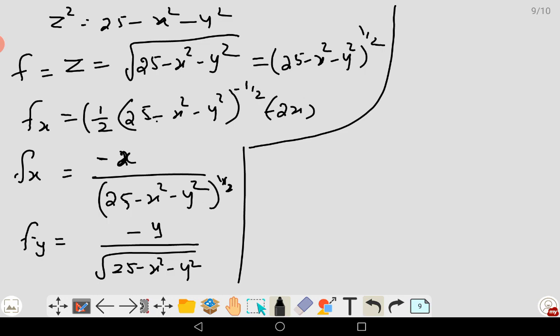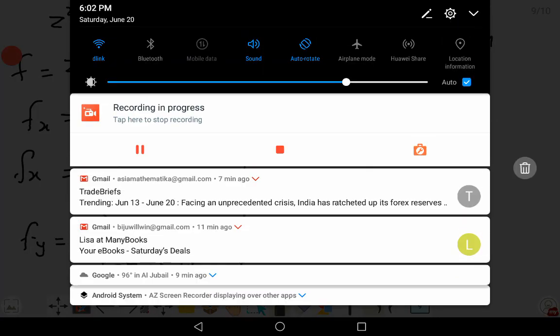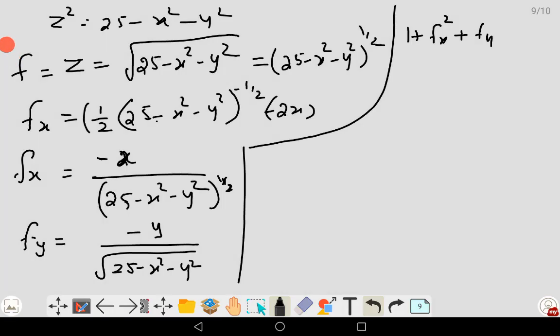What is 1 plus fx square plus fy square? Let's find them first, and then it is equal to 1 plus the first term, which is x square over 25 minus x square minus y square.